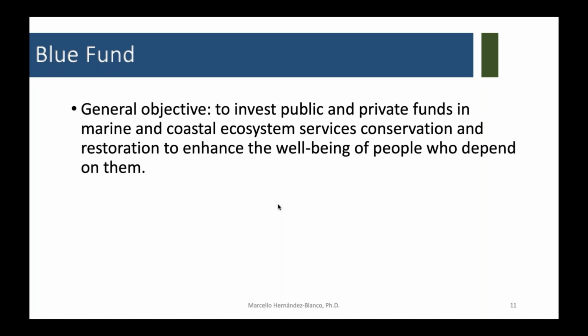So the Blue Fund, as I was saying, the main objective, the goal, would be investing in public and private funds in marine and coastal ecosystem services, conservation, restoration, enhancement for the well-being of people who depend on them, right?